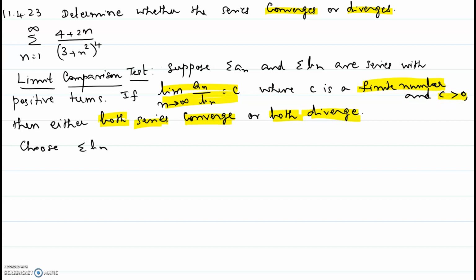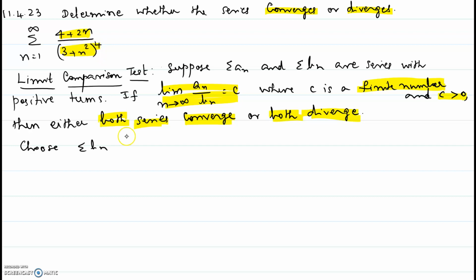So we have to choose a suitable sigma bn for which the convergence or divergence is known or can be determined easily. If you look at the given series an, it is a polynomial whose numerator is dominated by 2n. The denominator is dominated by n squared to the power 4, which is n to the power 8.